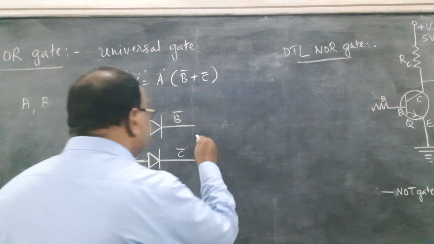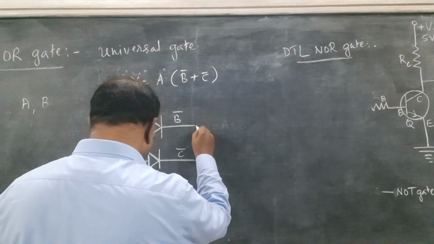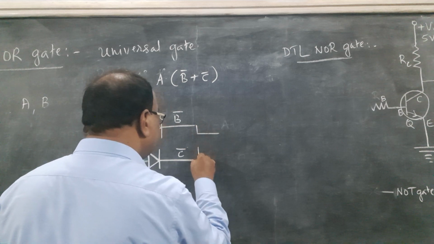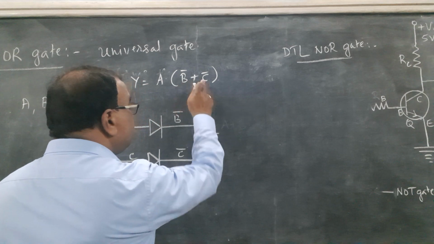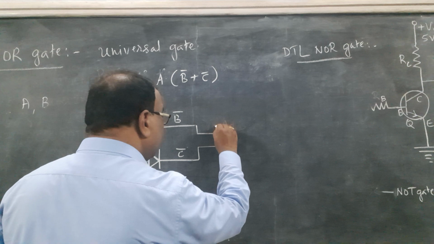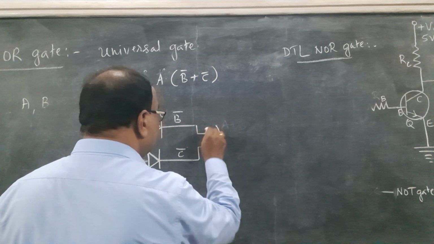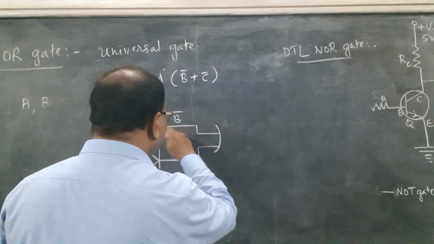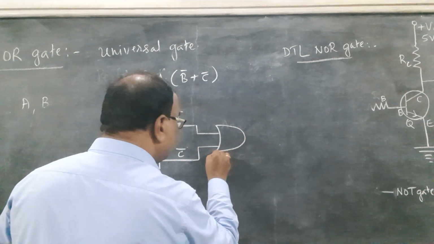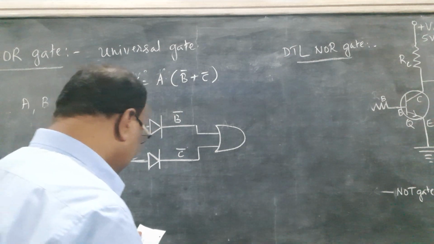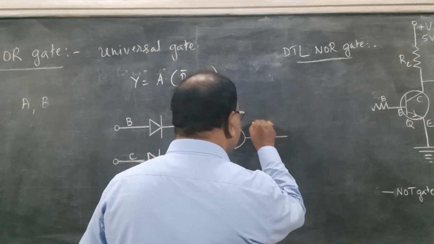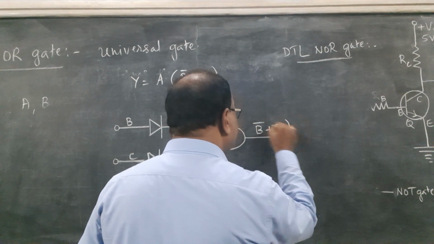Next, it is passed through an OR gate, because you must get B bar plus C bar. So to get B bar plus C bar, the outputs from the inverters have to be passed through an OR gate, so that the output will be B bar plus C bar now, right?